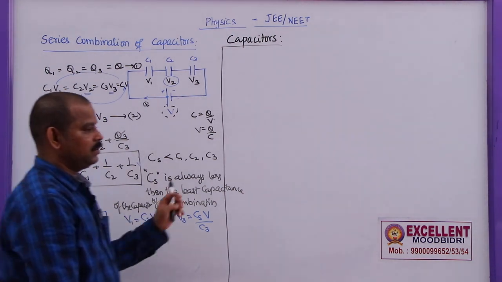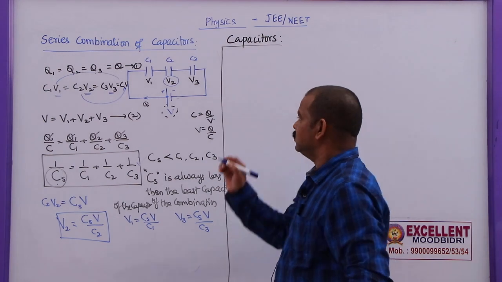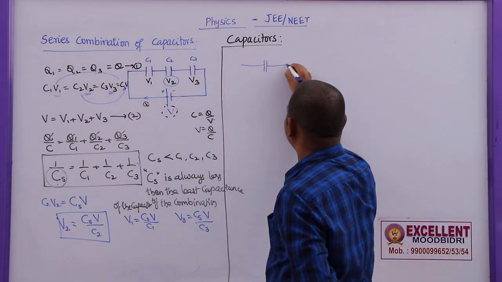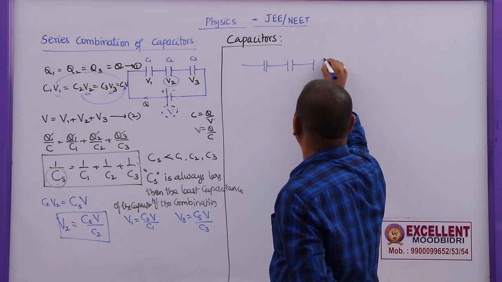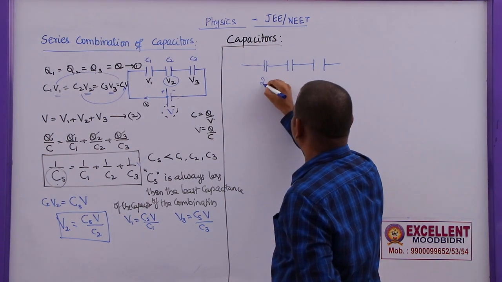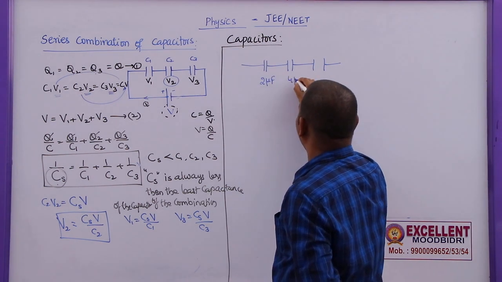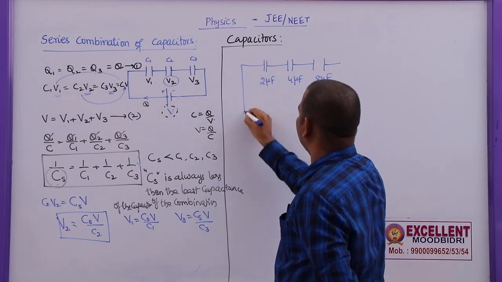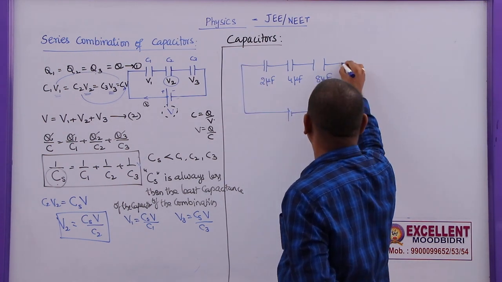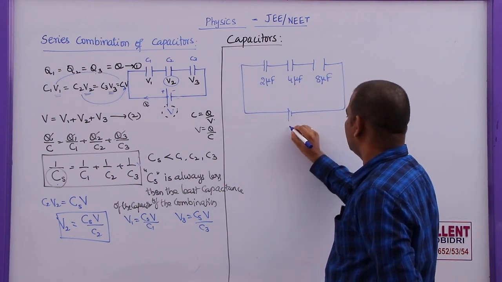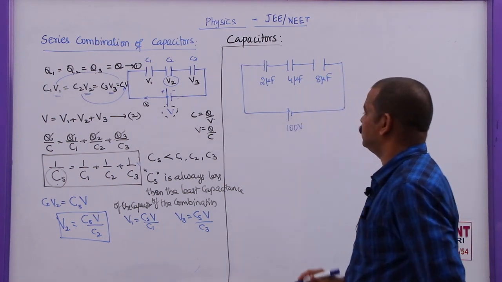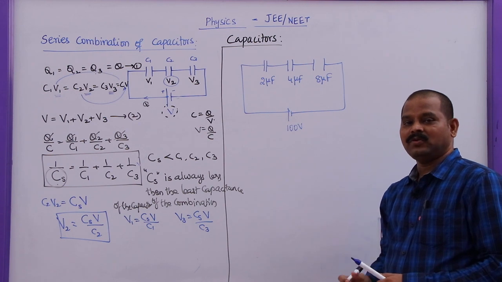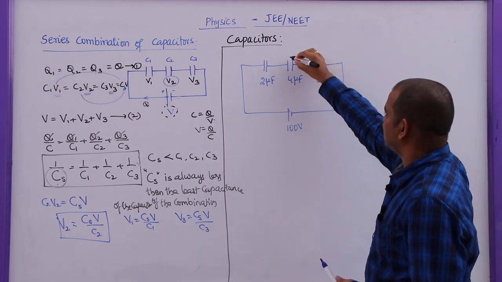Now, let me take one simple problem here. In a series combination, we have 3 different capacitors: 2 microfarad, 4 microfarad, 8 microfarad, connected to a battery of potential, let us say 100 volts. What is the effective capacitance and the potential across the second capacitor?